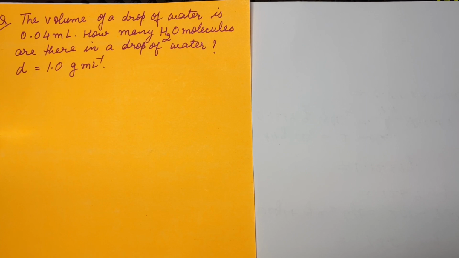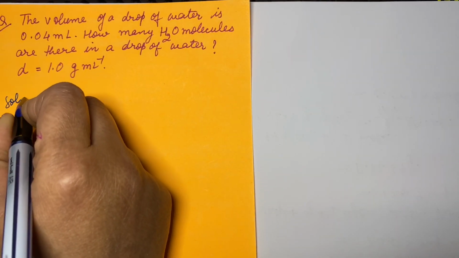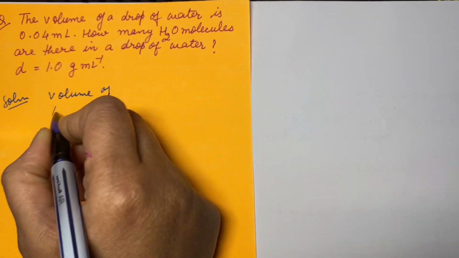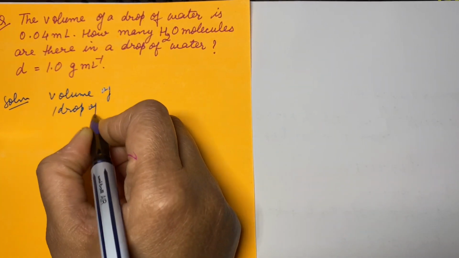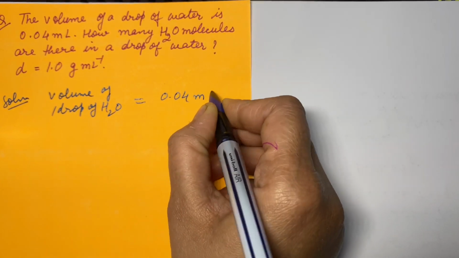The volume of a drop of water is 0.04 milliliter. How many H2O molecules are there in a drop of water? Density is equal to 1 gram per ml. In this type of question, it is a simple one. First of all, the volume of 1 drop of water is equal to 0.04 ml.